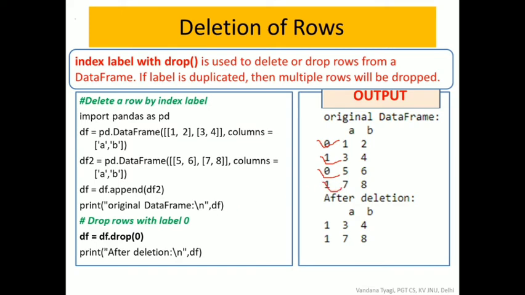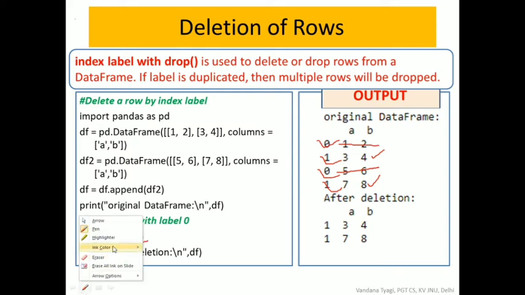Once we have written df.drop(0), this row with label 0 and this row with label 0, both are deleted. So we are left with only 3, 4 and 7, 8. That is my result over here. This is my row index 1 and 1, and 3, 4, 7, 8 is my entry. So this way we are deleting a particular row label from the data frame.